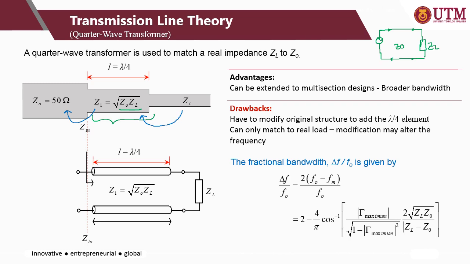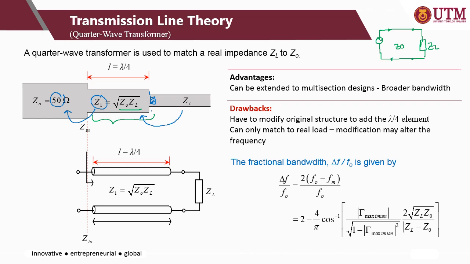The characteristic impedance of the quarter wave transformer, or lambda over 4 transmission line, is Z1. In this case Z0 is 50 ohm, and ZL is the value here.